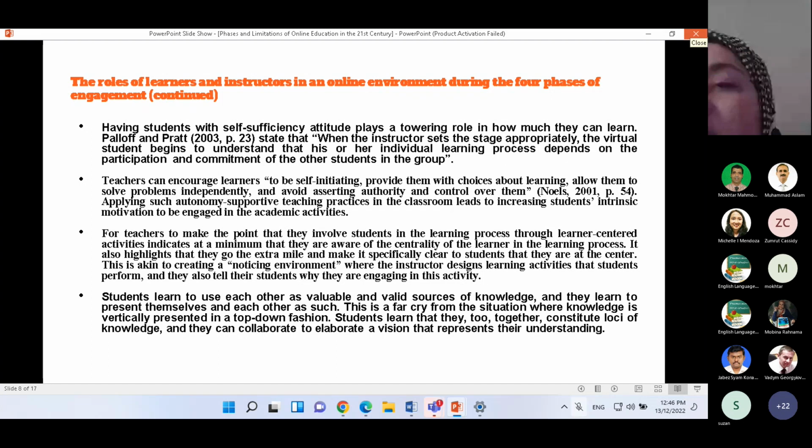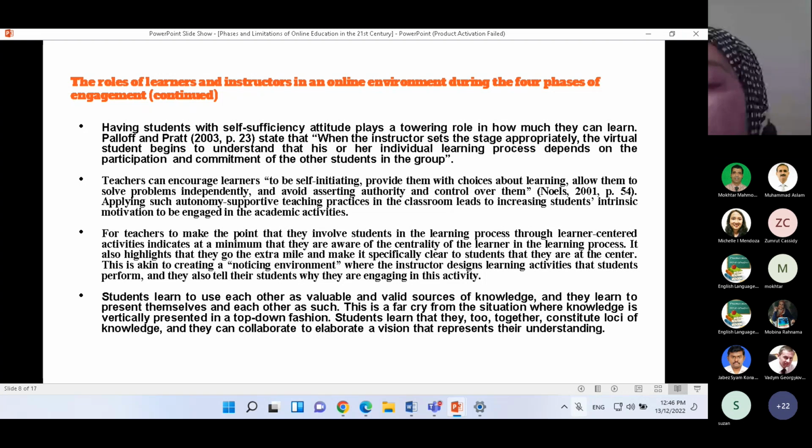Teachers can encourage students to be self-initiating, provide them with choices about learning, allow them to solve problems independently, and avoid asserting authority and control over them. Applying such autonomy-supportive teaching practices leads to increasing students' intrinsic motivation to be engaged in academic activities.